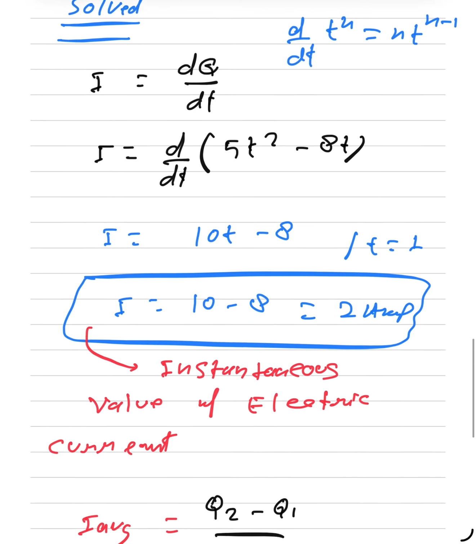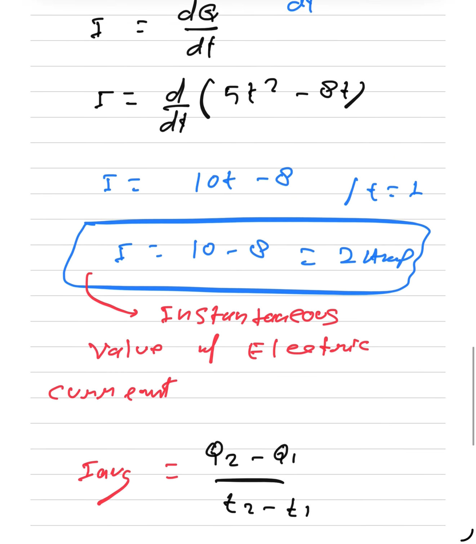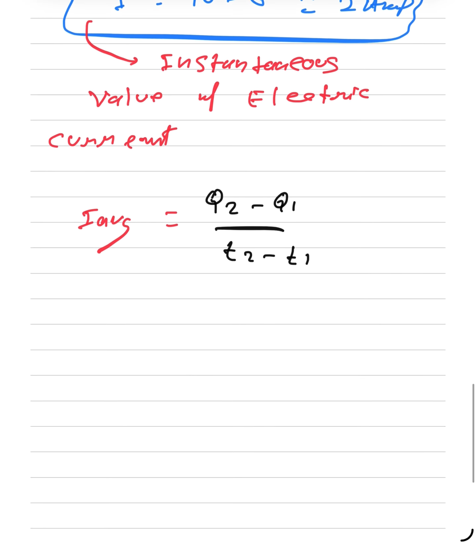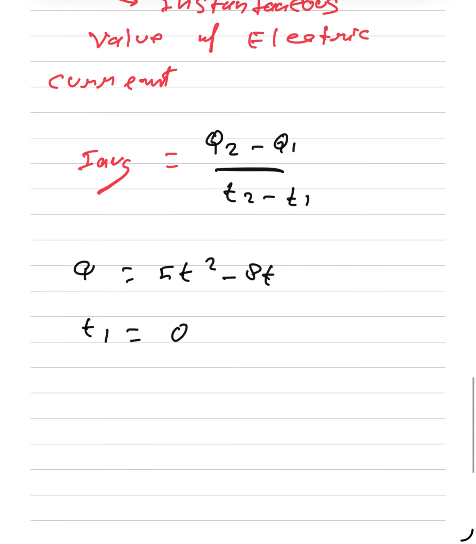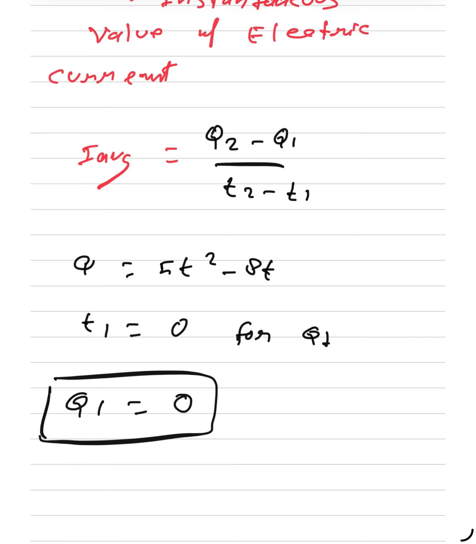Here T1 is the initial time, 0 seconds, and T2 is the final time. For the values of Q1 and Q2, Q equal to 5t square minus 8t, and T1 equal to 0 seconds for Q1, so Q1 becomes equal to 0, right.